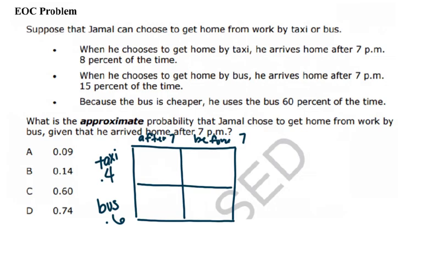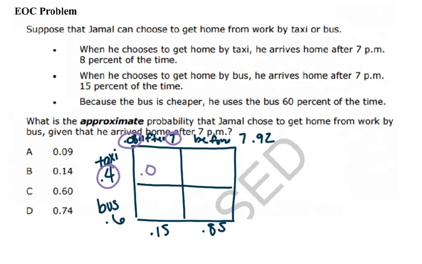When he uses a taxi, he gets home after 7, 8% of the time, which means 92% he gets home before. When he chooses the bus, he arrives home after 7, 15% of the time, which means 85% of the time he gets home before. So now remember, I'm going to multiply these two numbers, sorry, not that, those two numbers.